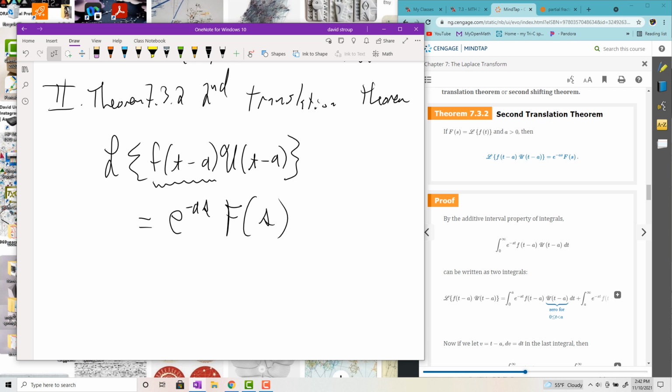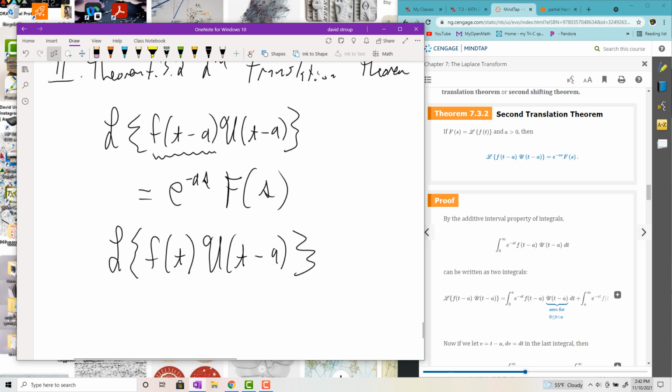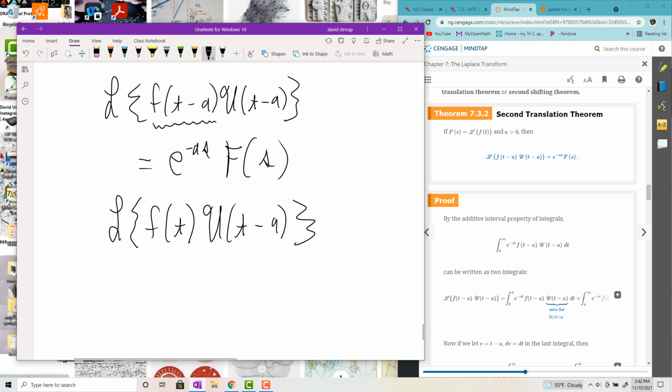So what you'll see in the book is this second version, and I prefer just to give that to you now rather than waiting. You generally see it like this. You're trying to take the Laplace transform of some function times the step function, and to pull that off, it'll be e to the negative as times the Laplace transform of f of t plus a.